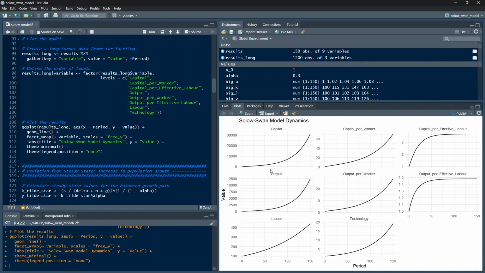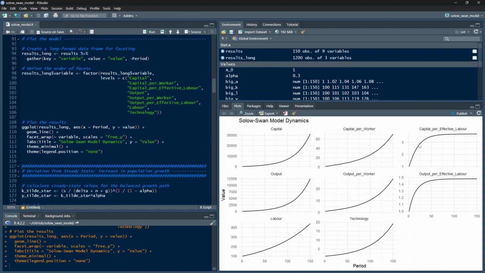And what we see here is that, over time, we started at some arbitrary level of capital and output, and over time, these have both grown exponentially. Similarly, capital per worker and output per worker have grown exponentially, which is what we sort of see in practice in the world, at least since the Industrial Revolution, that outputs and capitals in general have grown, and also per worker have grown.